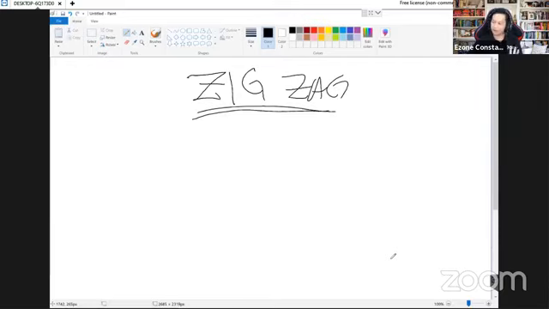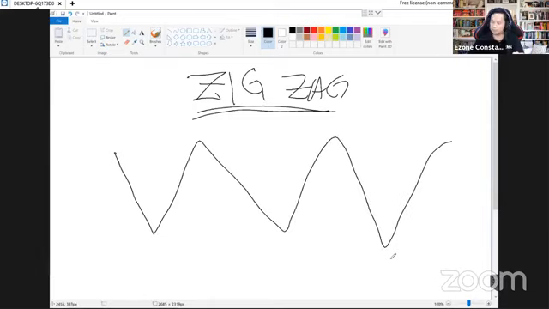Price movement always moves in a zigzag form. It has A, B, C points, A, B, C, D, E. If you understand this, that means you are ready to establish the trend. So zigzag is very important. Let's talk about zigzag first. It is very important for you all to understand: price moves in zigzag.